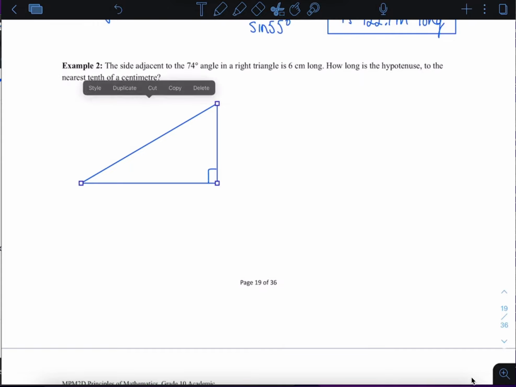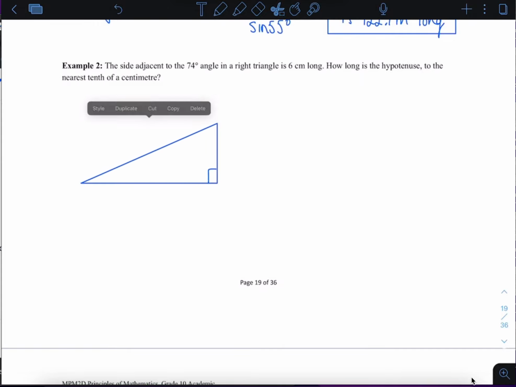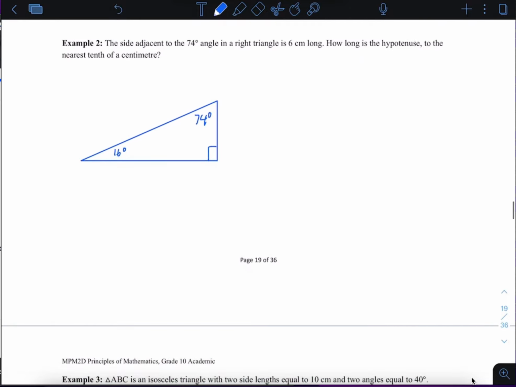So maybe I'll actually bring this down a bit. The way I've drawn this triangle, it makes more sense that that's my 74-degree angle. If I wanted to do some math, like this one's 16, so we can see that it's much smaller than 74. Now, this is always the hypotenuse across from the right angle.